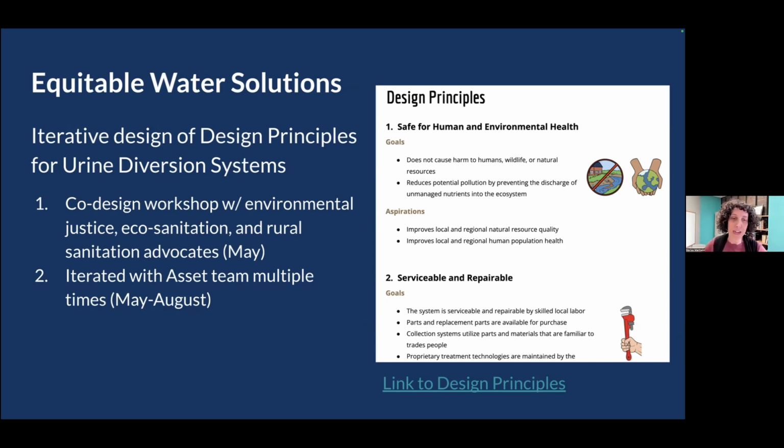And then we iterated the design principles several times with our asset team and extended asset team members. We ended up with 7 principles, which we separated into goals and aspirations. And these will continue to grow and change as we put them into use in phase 2, we hope.